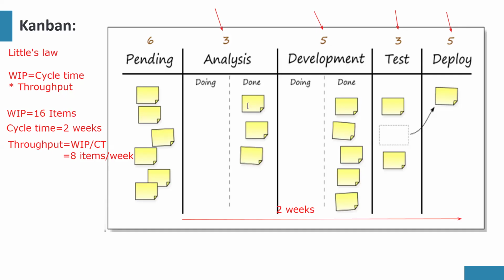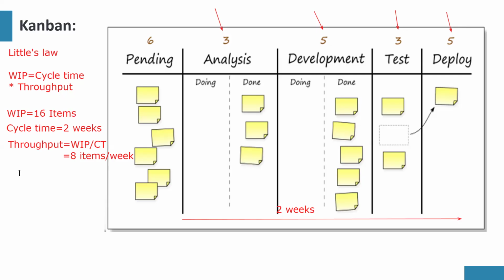No, are you sure we reduce? Let's look at it. If you reduce the throughput, you increase cycle time. Now, do you agree with me? We want to reduce cycle time. If we increase the throughput, we're not going to reduce cycle time. If we increase the throughput, we increase work in progress.